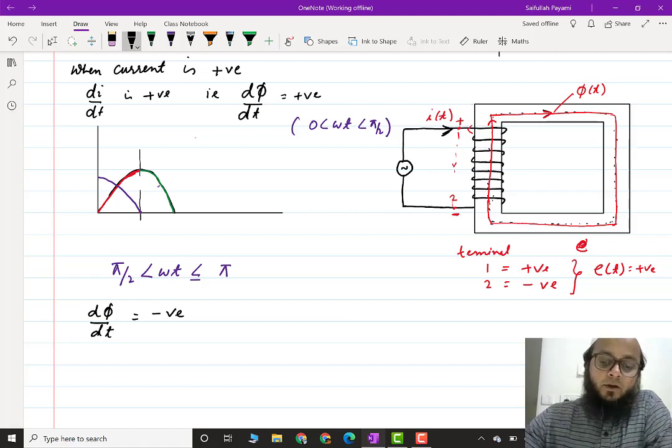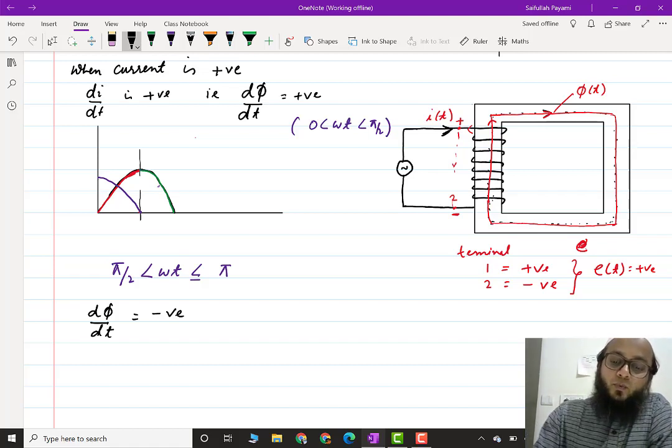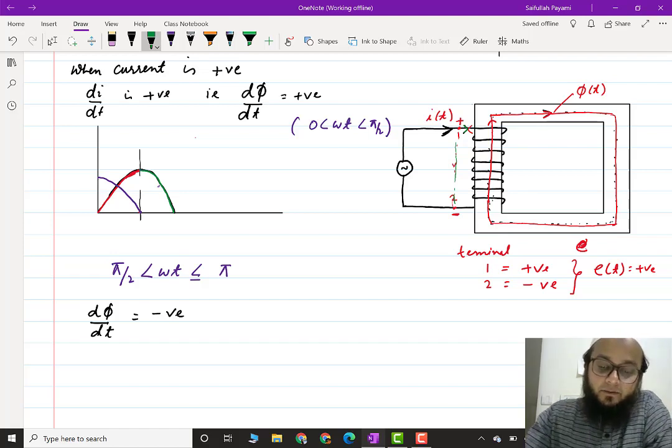So the direction of the current should be in such a way that it tries to increase this flux, and this is only possible when current enters here. If I short these two terminals, this induced EMF should try to push the current in the direction of the initial current only.